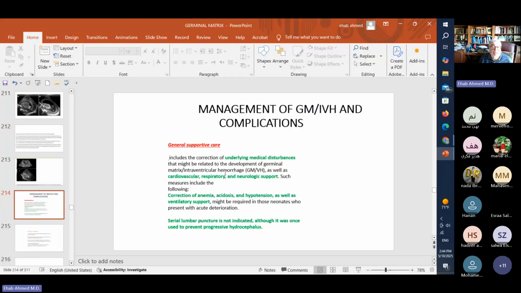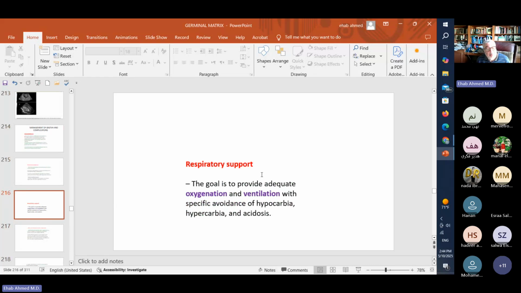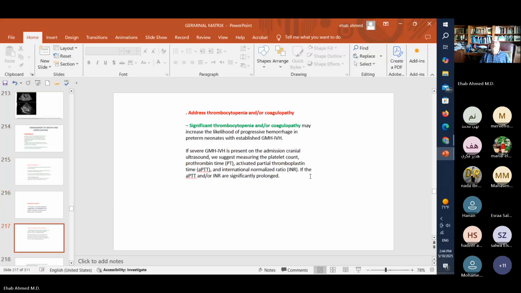These are serial supportive care, and you have to take care of blood pressure management. An important issue is fluid and nutritional support, and respiratory support. We talked about asynchrony between the baby's spontaneous breaths and ventilation breaths. Correction of any coagulopathy.